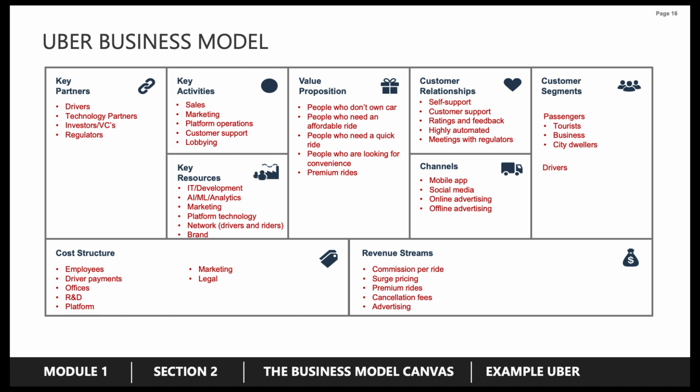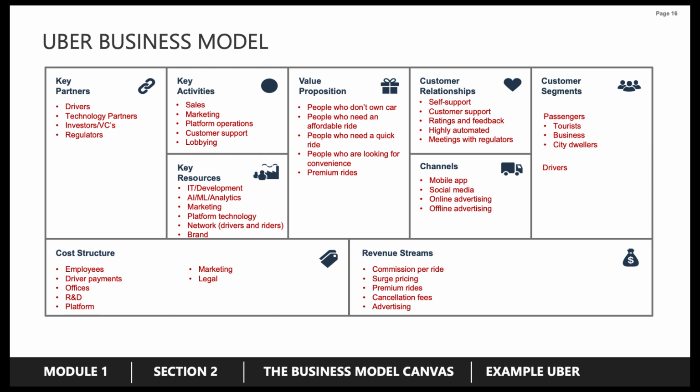And in terms of key resources, well, they need IT and development skills. Increasingly, they're using AI and machine learning and analytics, so they understand which customers are the most frequent, how often they take rides, as I mentioned before, how to price differently according to different times of the year, different demands.